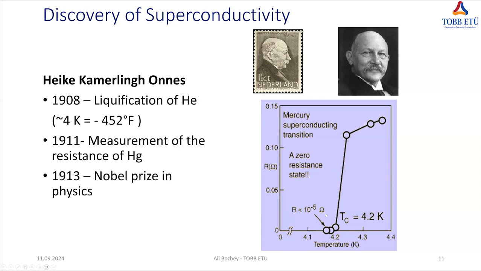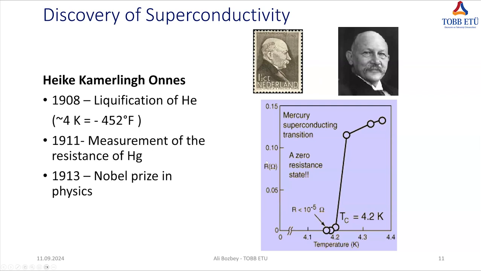Actually, their assistants measured the mercury, and they found that the resistance of the mercury was below their experimental setup precision. So they repeated the measurements many times, and then they realized it's not an experimental artifact, but it's actually a zero resistance state. And then 2 years later, they got the Nobel Prize in physics.